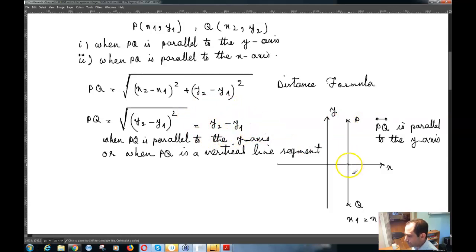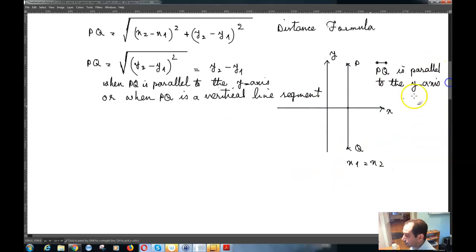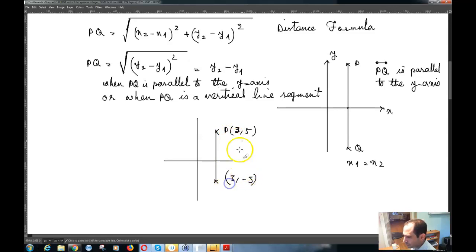And there you might have a problem as well. Suppose that you have this point P over here, for example (3, 5), and this point over here, for example (3, -3).